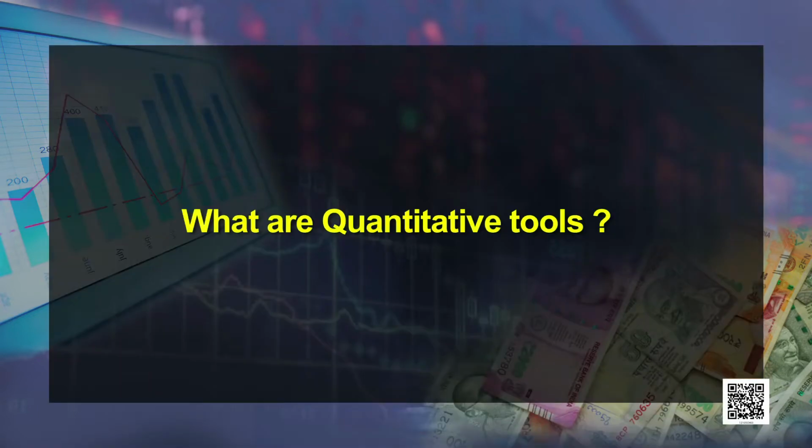So let us first discuss what quantitative tools are. Under quantitative tools, the central bank tries to control the volume of credit available in the economy. So if in the economy 20,000 crores of credit is available, it will try to expand or contract it according to the situations prevailing in the economy.